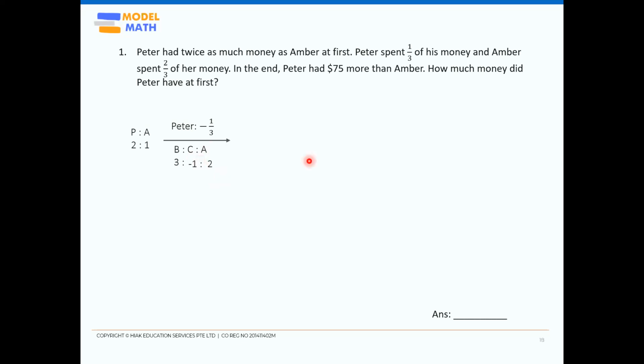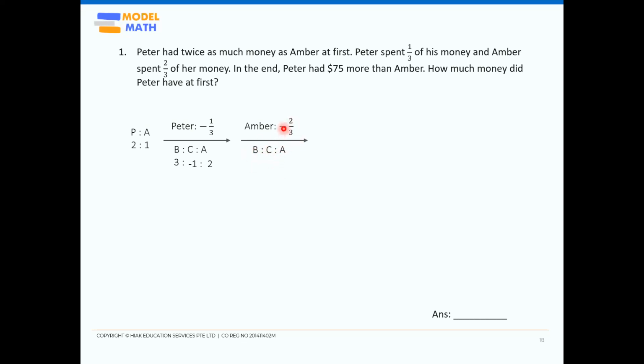Now we're going to do the same for Amber. So Amber, let's draw another arrow to represent her change. Amber spends 2/3. Same thing, you can write this down as a BCA ratio. Again, when we look at Amber's BCA, do not use this Amber to put it here. Don't do that at this point. You should be making good use of this fraction, 2 and 3, to translate them into the bottom ratio here.